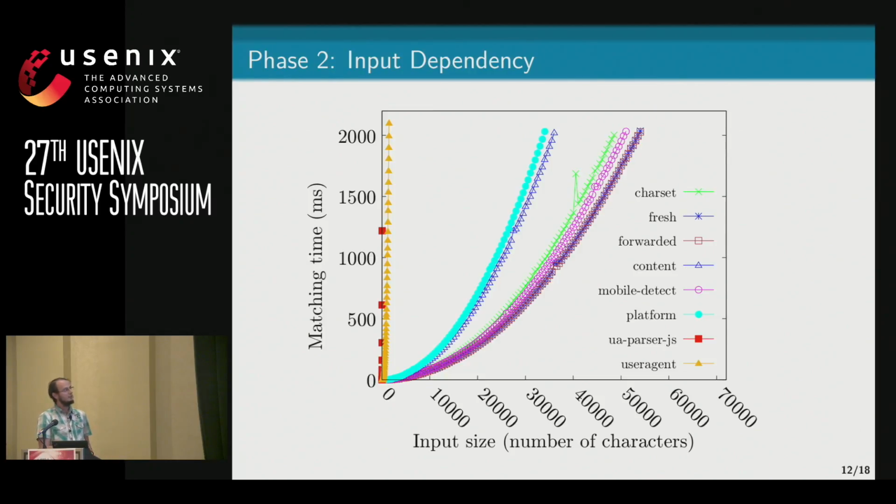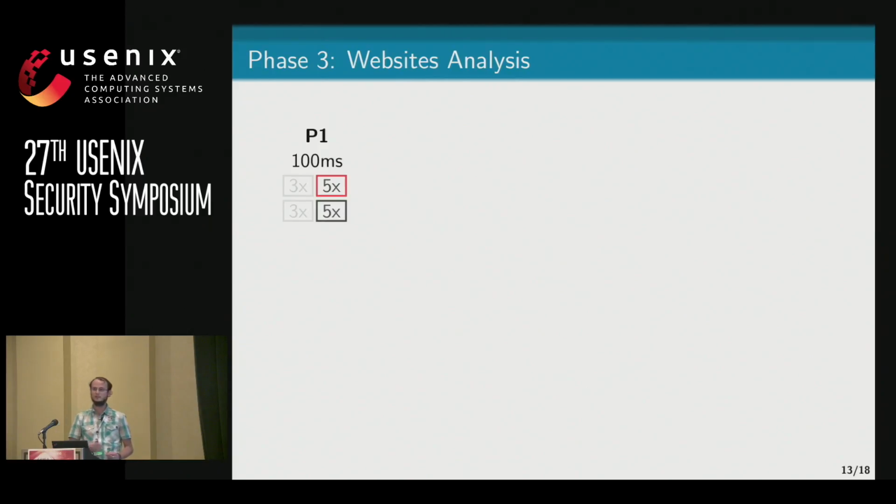So once we have this relation between the input size and the matching time, what we did was to dimension the payloads, starting at 100 millisecond target. And here we measured on our local machine how many characters we should send for a 100 milliseconds matching time.